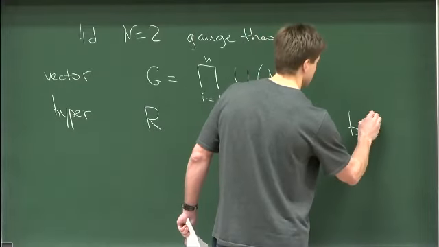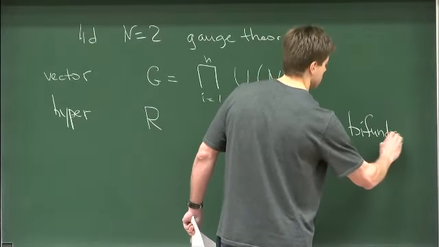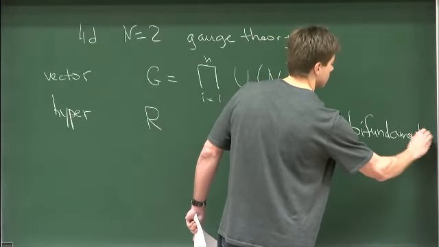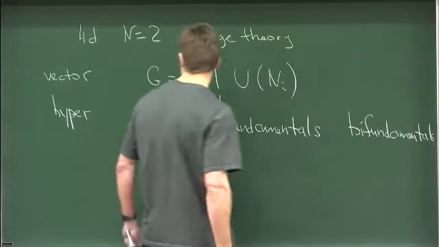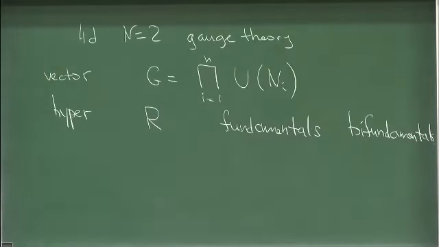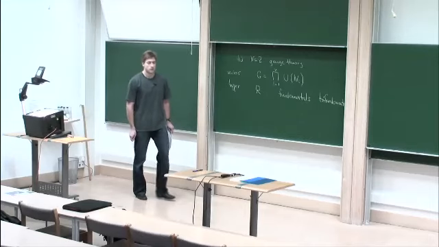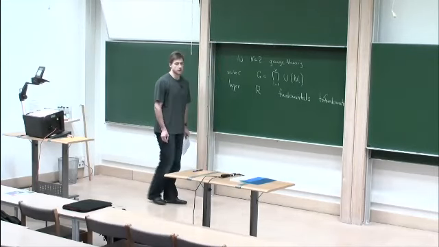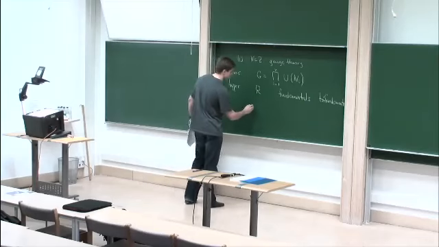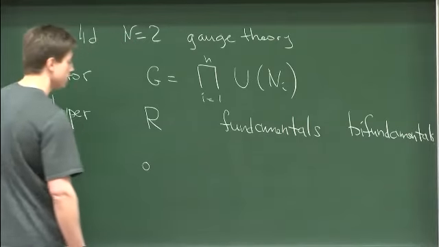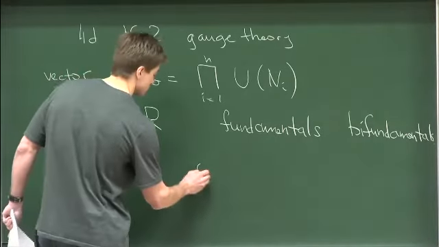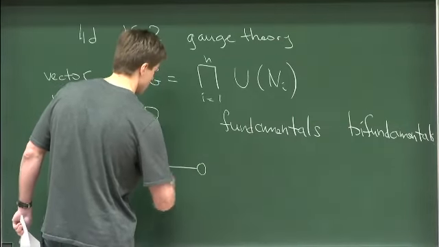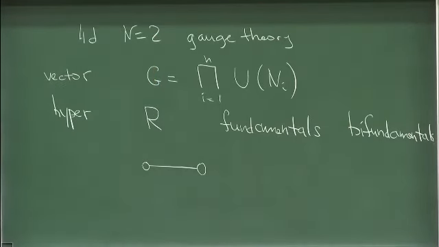So such theories are known as quiver theories, and conveniently the Lagrangian is encoded by what is called a quiver diagram, so that to each gauge group you associate a node, and a link for every bifundamental representation which connects two nodes.